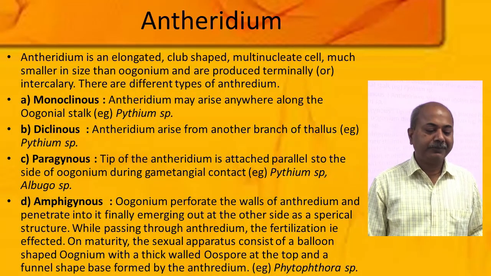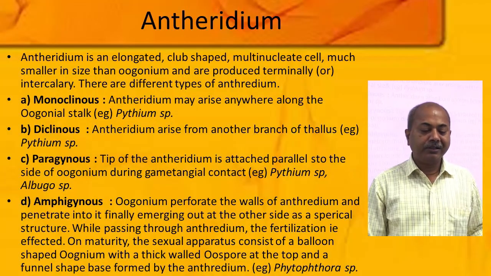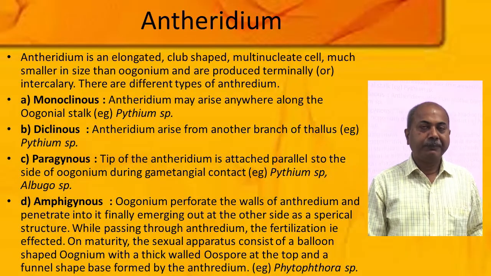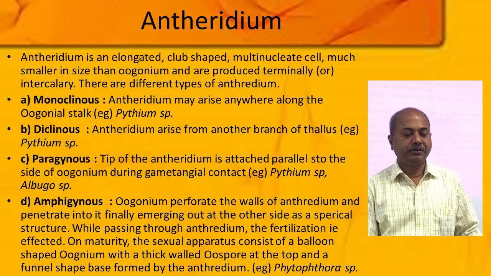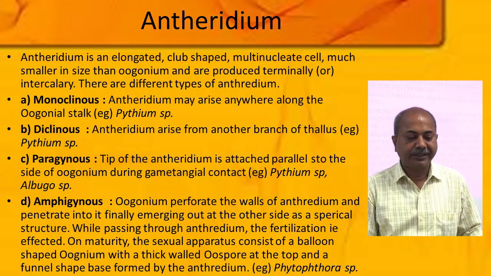What is paragynous? Basically, the tip of the antheridium is attached parallel to the side of the oogonium during gametangial contact. Examples are Pythium and Albugo. The two genera have paragynous antheridium.